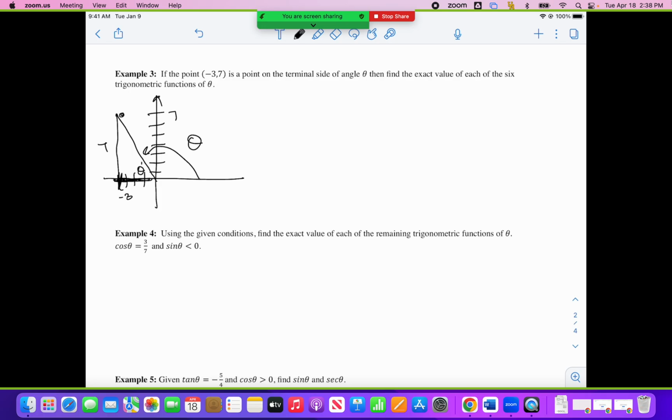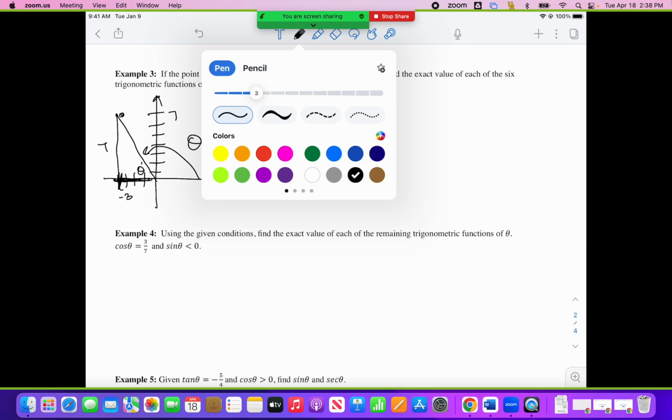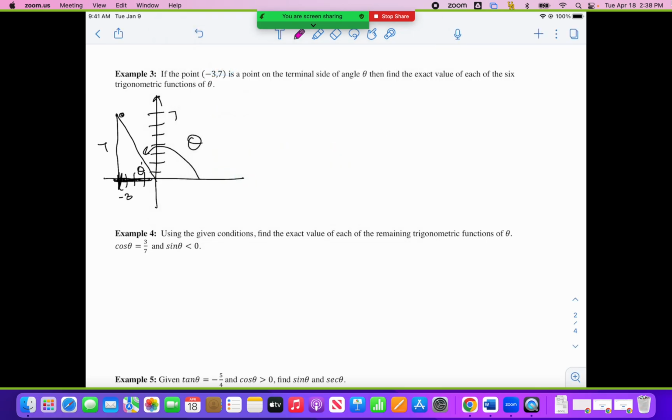So what are you getting for the hypotenuse? Zach, what'd you get? 58 equals c squared. Yeah, so that's the square root of 58, right?